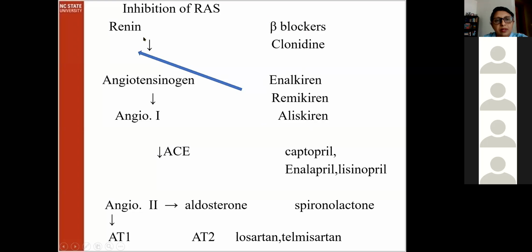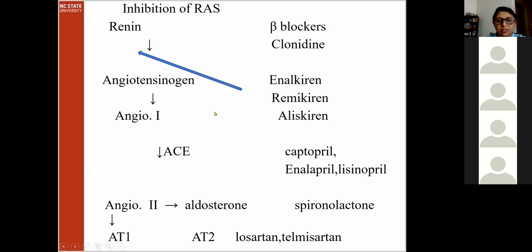Now, if the renin is secreted, its action is inhibited by certain drugs like enalkiren, remikiren, and aliskiren.